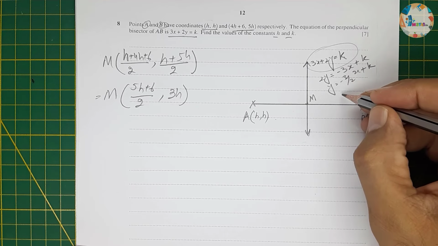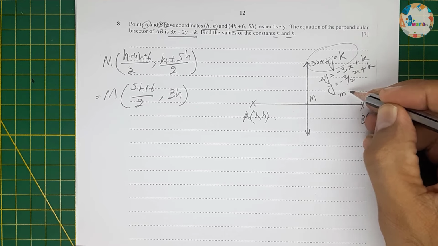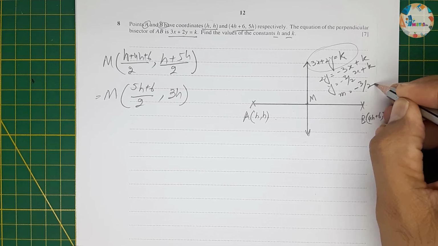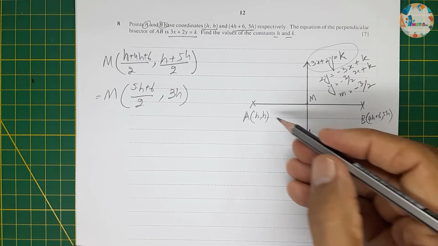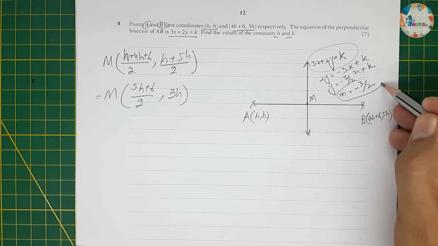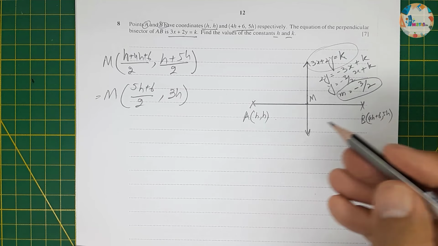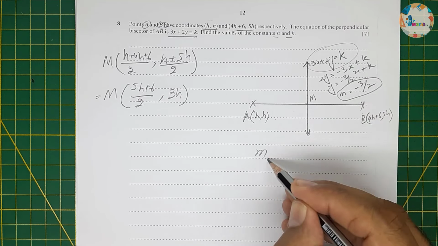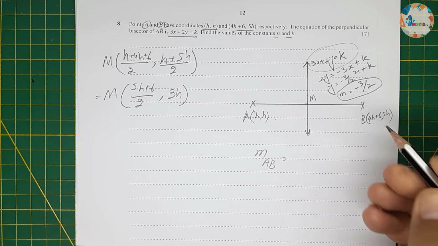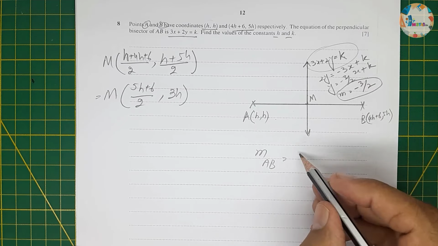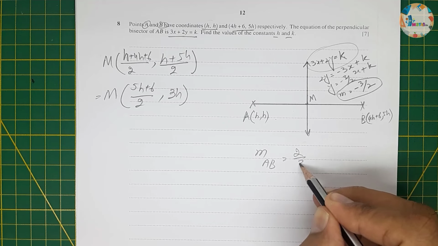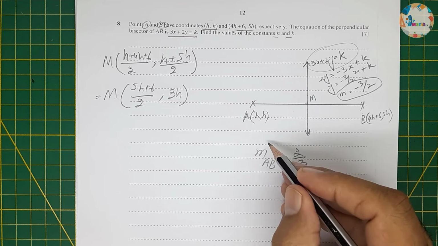Now this is indicating that m is equal to minus 3 by 2 for this line. So this is the gradient of this line, and gradient of AB, m of AB, will be equal to the reciprocal of this one and change sign, so it will be 2 by 3. So we have the gradient.